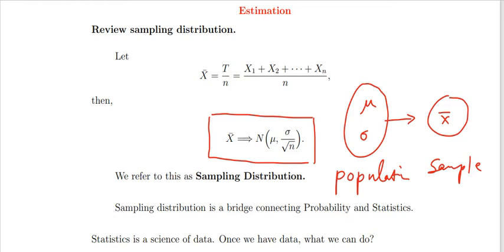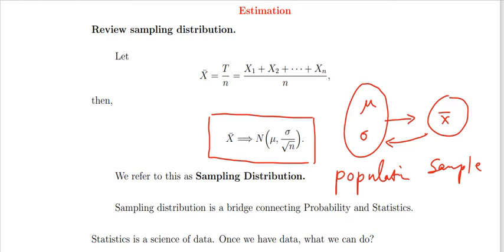But in a real situation, we don't know mu and sigma. We only know X bar. So from the sample, we want to estimate mu and sigma. This is our first task in statistics, and we call it estimation.